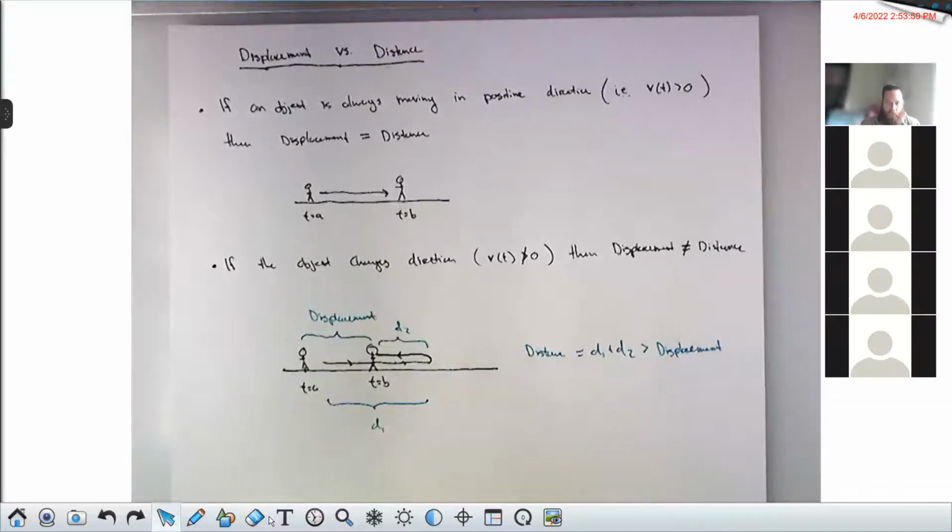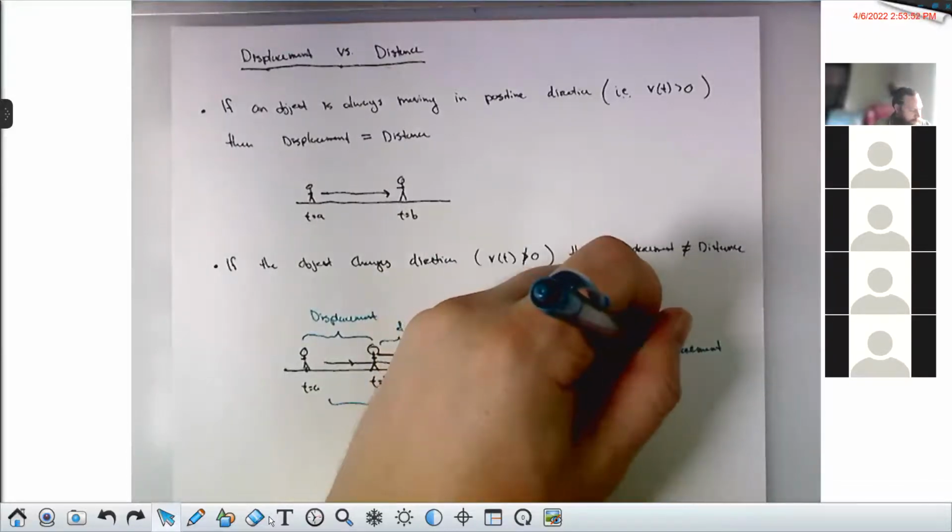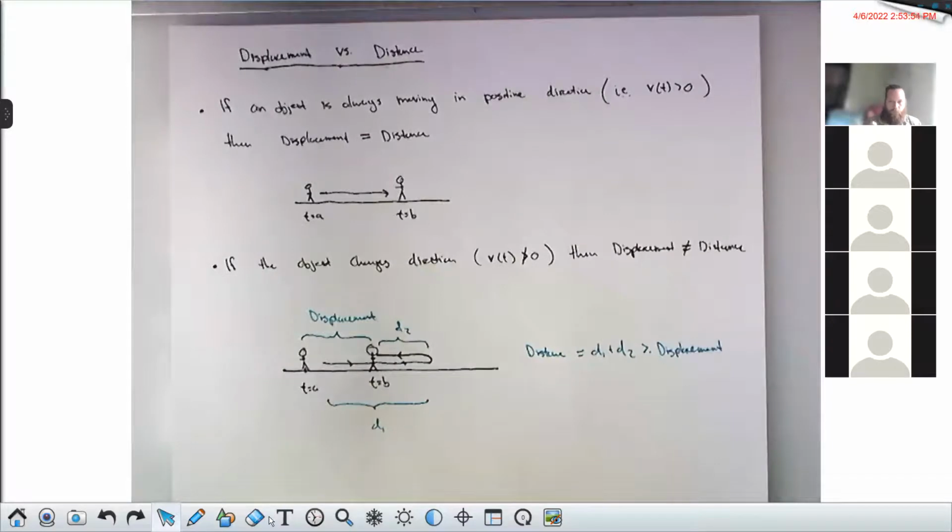And it is true in general that distance is always greater than or equal to the displacement. They're equal if and only if v of t is monotone. V of t is always positive, let's say.